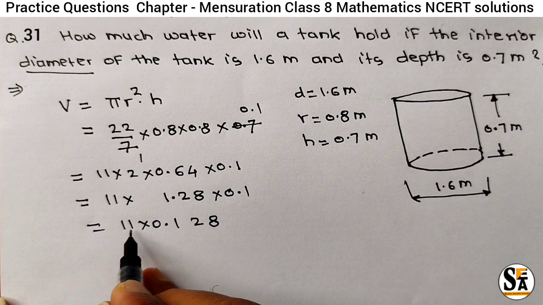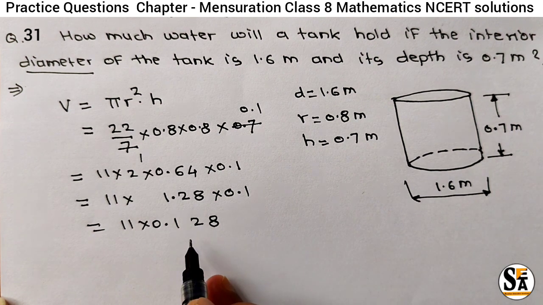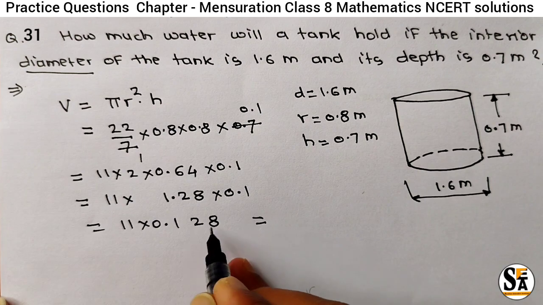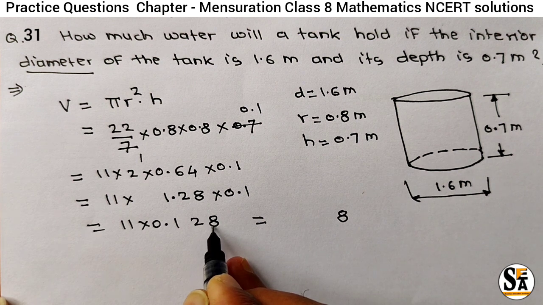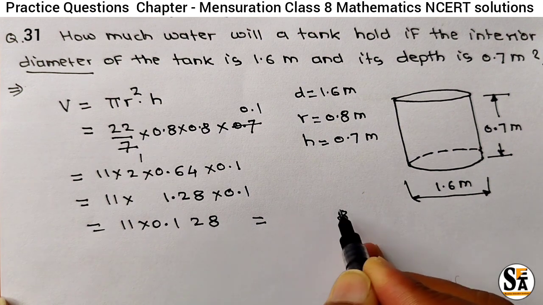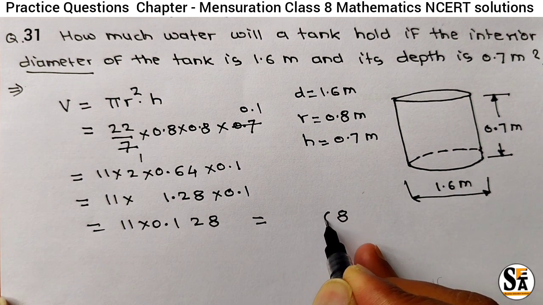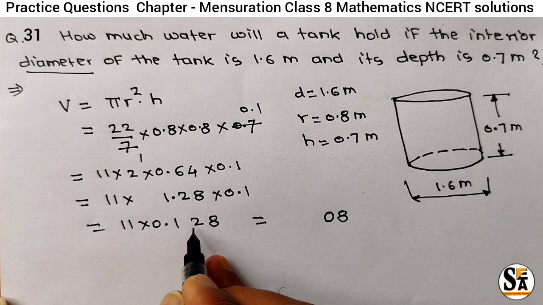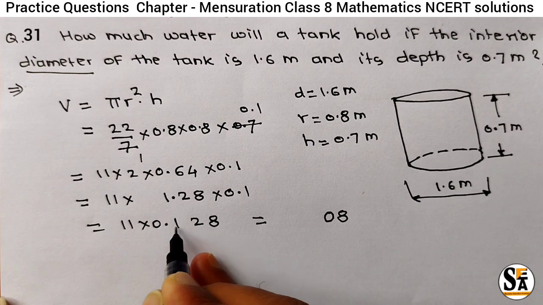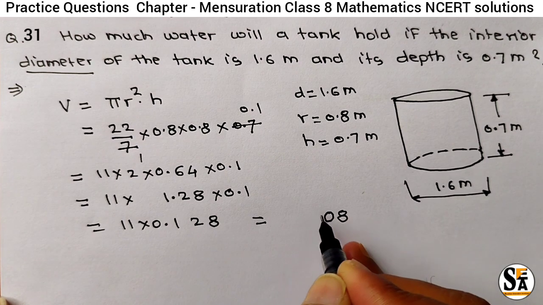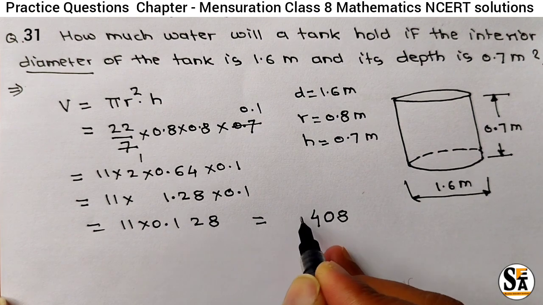Now multiplication of 11 with any number, there is a simple trick: keep this unit place as it is, 8. Then take the addition of unit place and 10 place, 8 plus 2, that is 10, so carryover will be 1. Then add this 1 with the addition of this 2 plus 1, 2 plus 1 is 3, plus carryover 1, that is 4, and this 1 as it is.